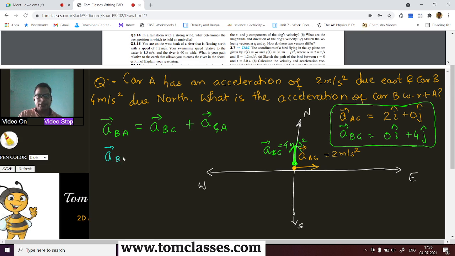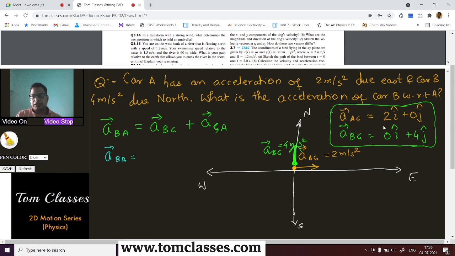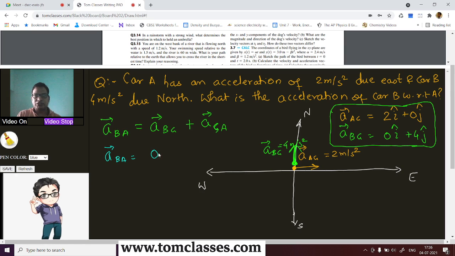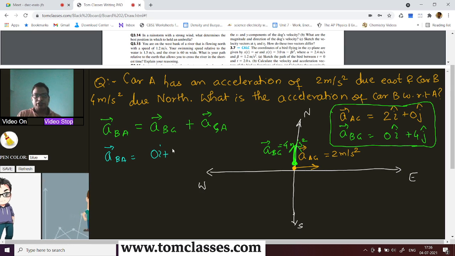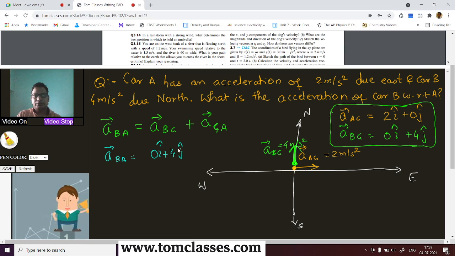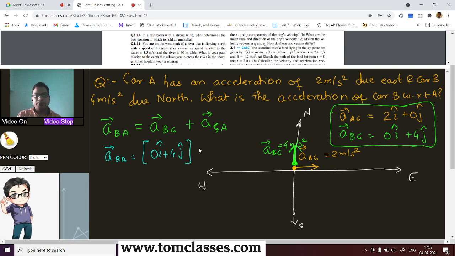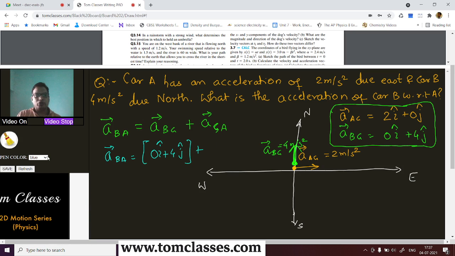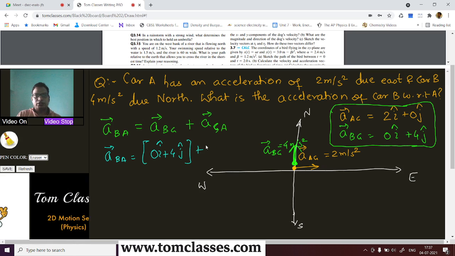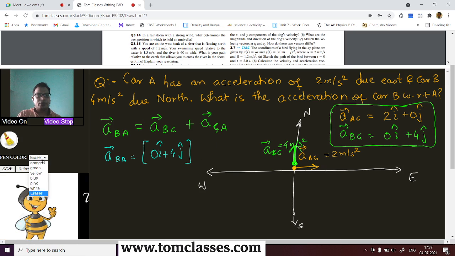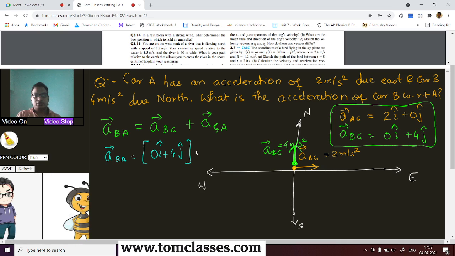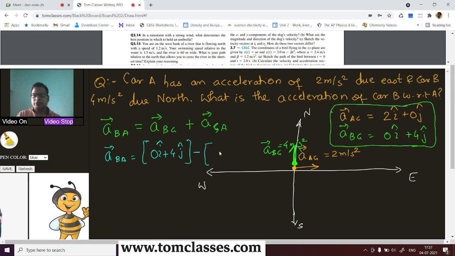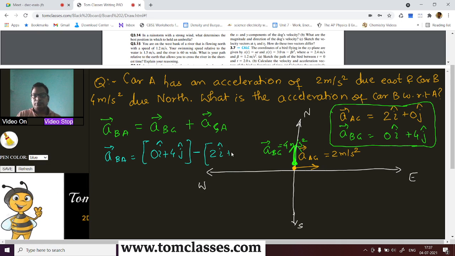Now in terms of vector, if I add these two vectors, it is going to be 0i plus 4j, plus now this will be a_GA, so it is the opposite of a_AG. I am going to convert this with a negative sign: minus, this is G with respect to A, so it will be 2i plus 0j.